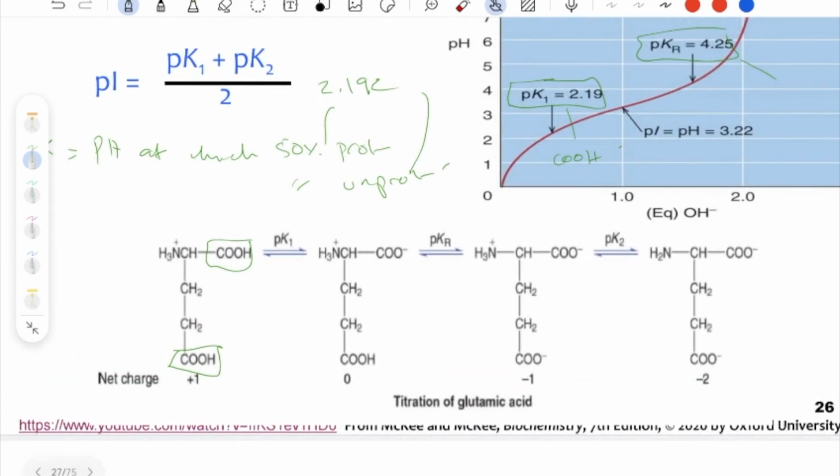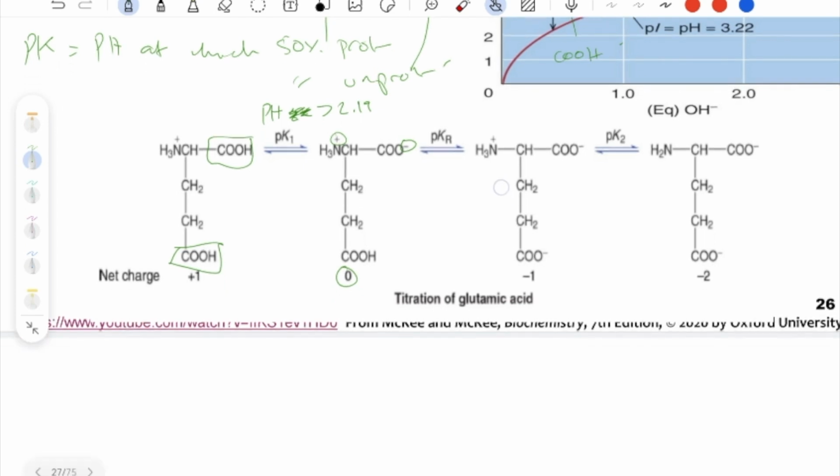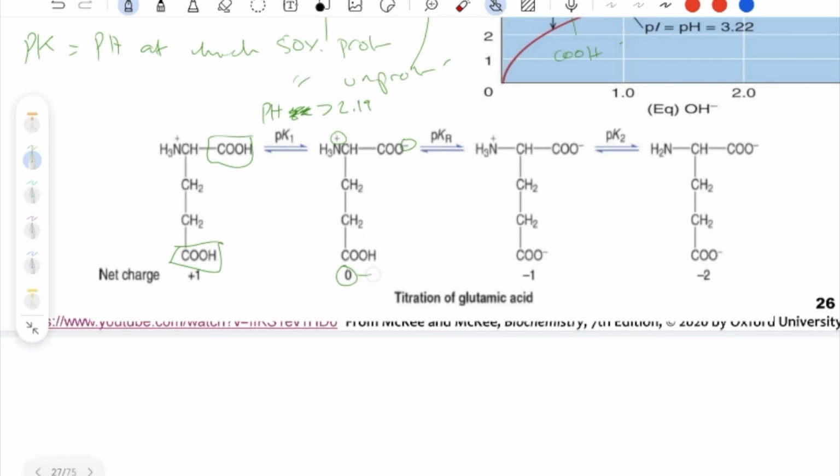Once we decrease the proton concentration or increase the pH, for example, anything greater than 2.19, it's going to lose the proton. Here we get the zero net charge, because we have a negative charge and a positive charge. So this is what you call a Zwitter ion.